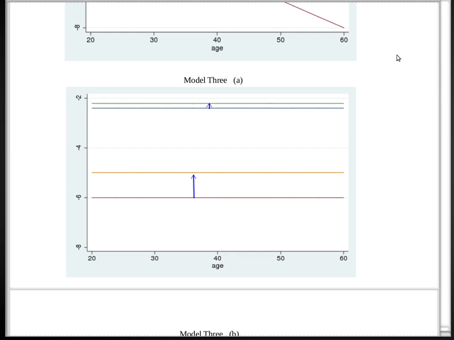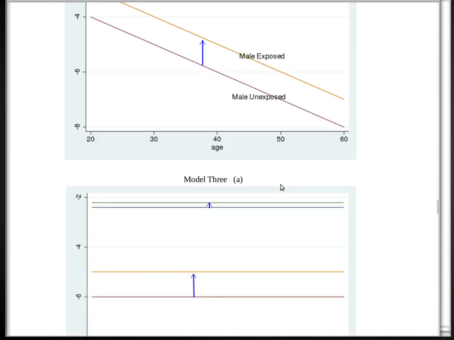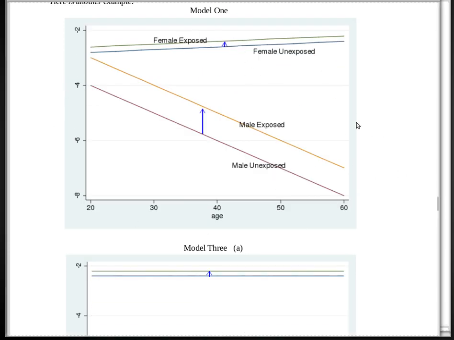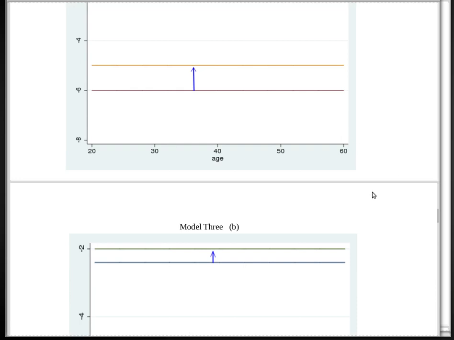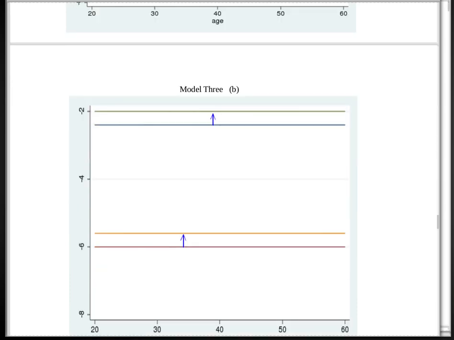Okay? On the other hand, imagine that we have the same circumstance with our data with Model 1, this visual here, and now I'm considering a different set of data, okay? Different scenario. And when we looked at Model 3, we saw no gender modification after adjustment for age. Okay?